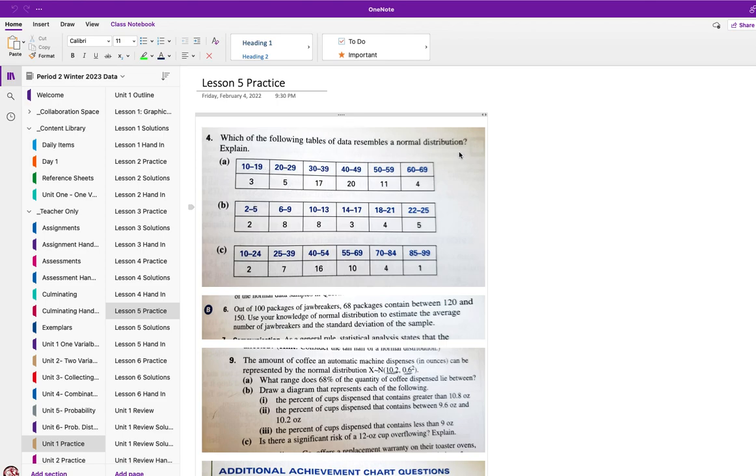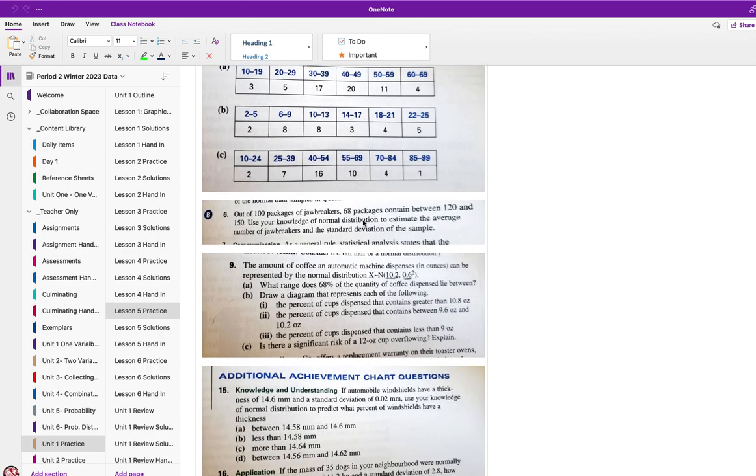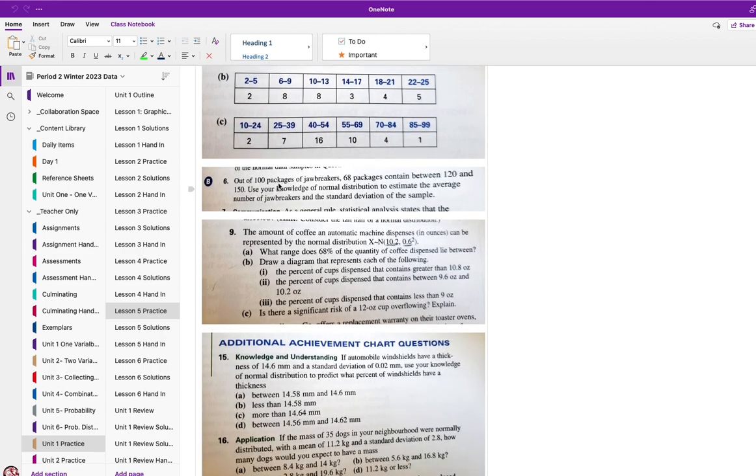First one says, tell me which ones resemble a normal curve. So a nice normal curve. It's not going to be perfect, but it should be something that has a hump in the middle and is kind of symmetrical on both sides. Okay. I forgot these have 6 bins. So it's not going to be perfect. Just be aware of that. Then for these ones here, use your knowledge, and for each one of them, draw out that curve.